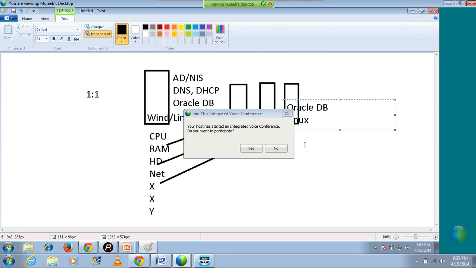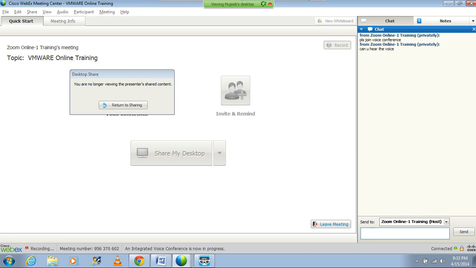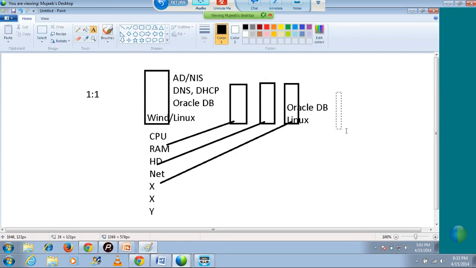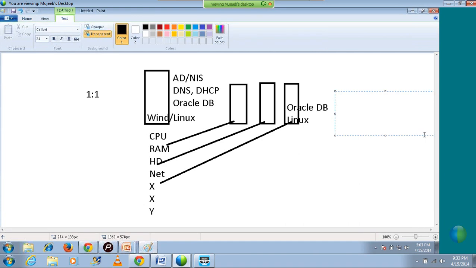Most probably, we'll choose a day where there is minimum load on this particular server, most probably weekends, and a time where there is minimum load on this application. Let us say on Sunday between 7 to 8 p.m. we are going to bring the server down for maintenance. And now for that 1 hour, this particular server or this particular application, the Oracle database, would be down.